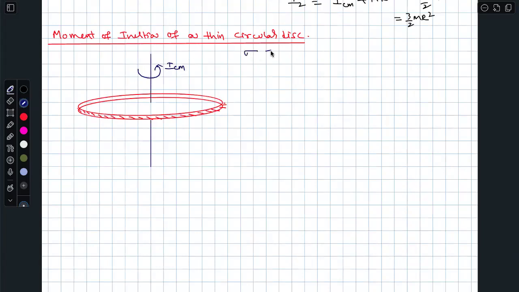I am defining a new term now, sigma, not lambda. Why? See, this is an areal term. The previous one is a linear term. Sigma is mass per unit area, which is nothing but capital M by pi R square.